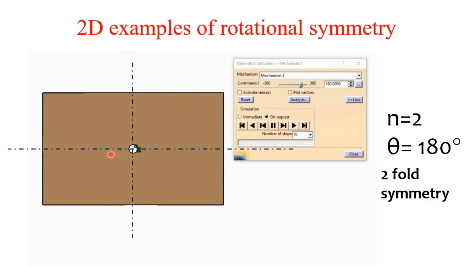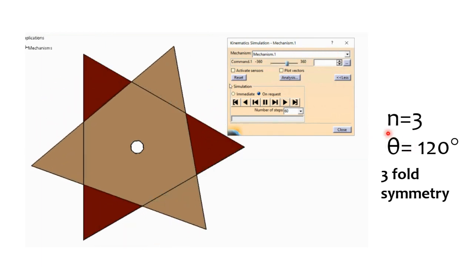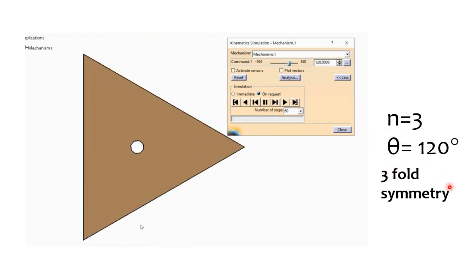This two-fold rotation symmetry axis passes through the center of the rectangle. Next, we are going to look at an equilateral triangle. This equilateral triangle will come into self-coincidence by 120 degree rotation. Thus, it possesses a three-fold axis of rotation.